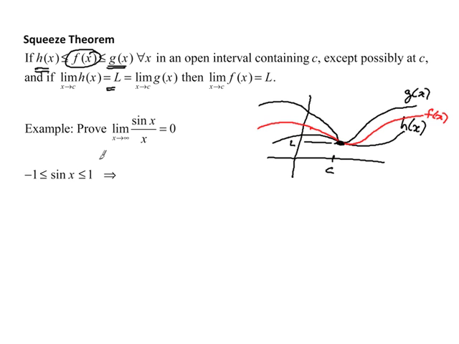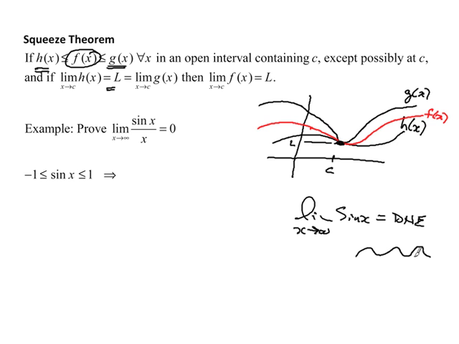Now, prove that the limit of sine x over x as x goes to infinity is 0. Well, right away, this is kind of weird because if I break this up like we normally would, and take a look at the limit as x approaches infinity of sine of x, that doesn't exist because sine of x goes like this forever.